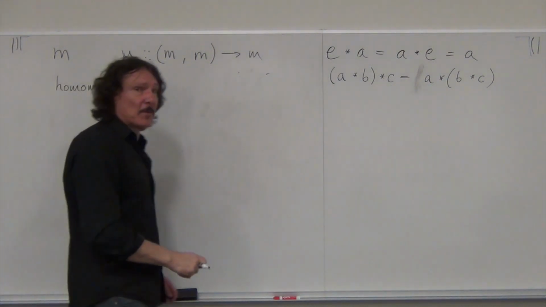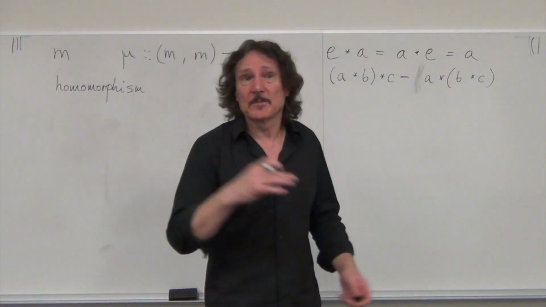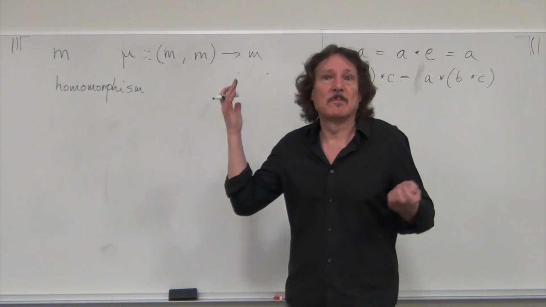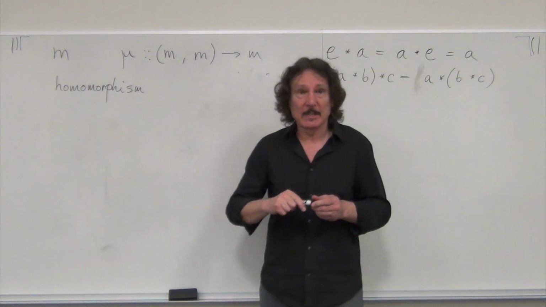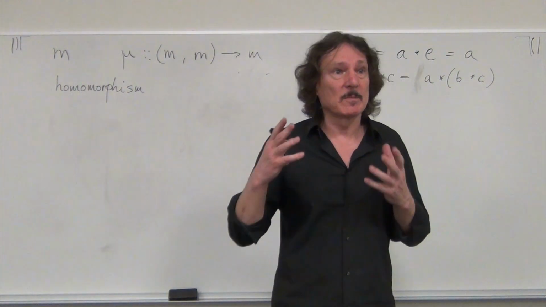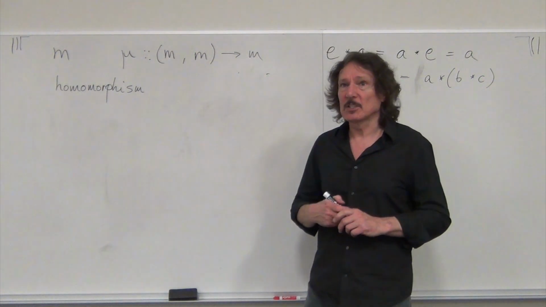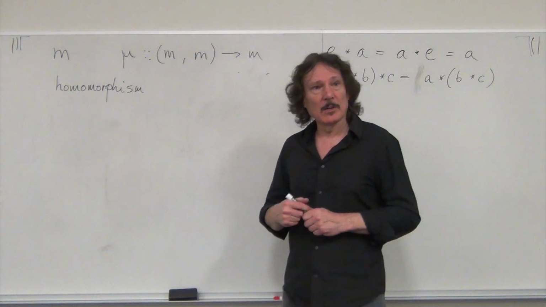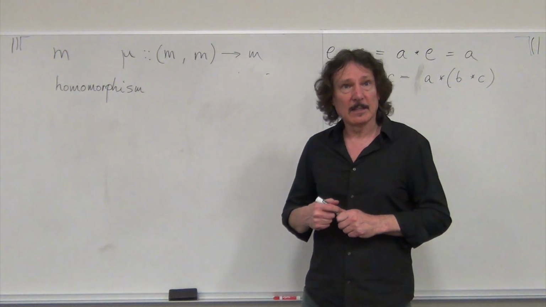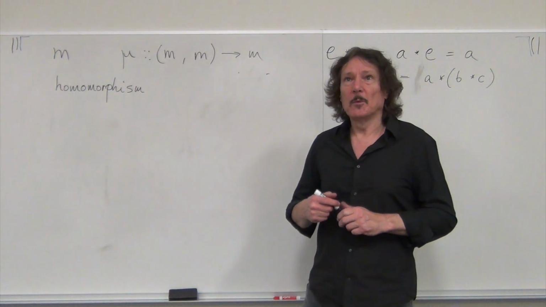And you'll see homomorphisms in many other areas. This is the simplest, well, I don't know if this is the simplest, but a homomorphism that preserves monoidal structure. So it means it's a function that takes a monoid to a monoid. And what should it do?